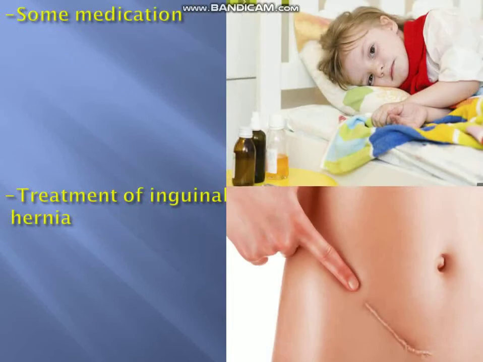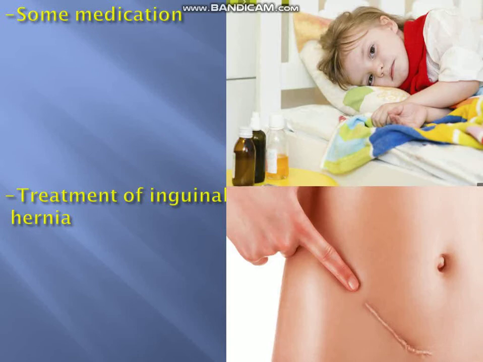Also, we can treat by giving some medication. Medication cannot treat the obstruction itself. They can help reduce the nausea until further intravenous treatments are performed. Examples of medication are antibiotics to reduce infection, anti-nausea medication to keep from vomiting, or pain relief.